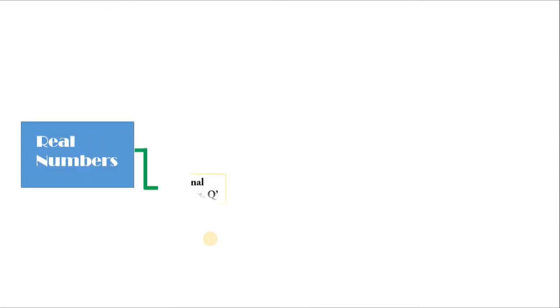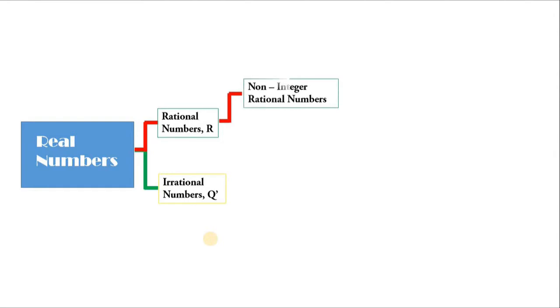So, real numbers, we have the rational numbers and irrational. The symbol for rational number is R, and for the irrational numbers is Q prime. Under rational numbers, we have non-integer rational numbers.